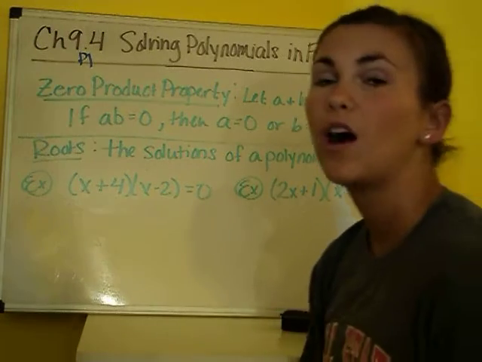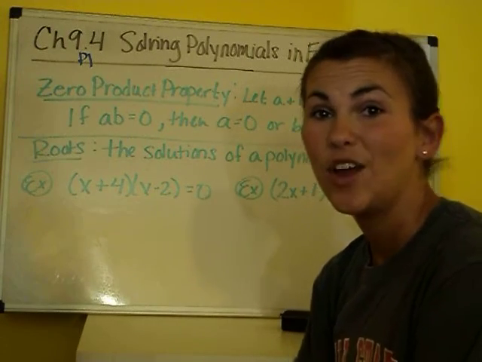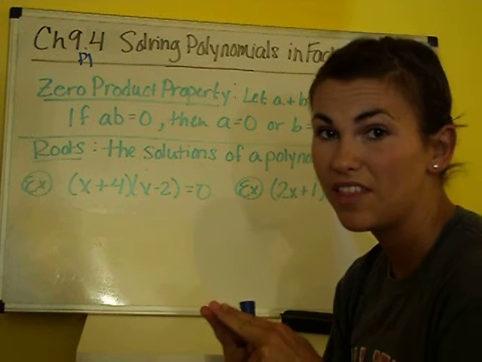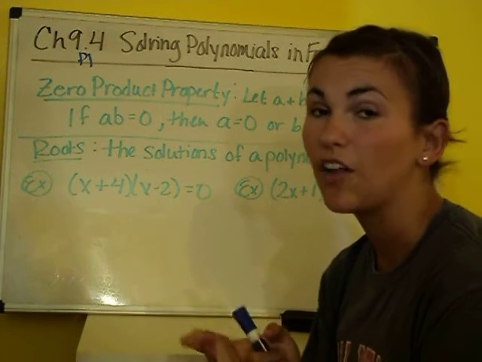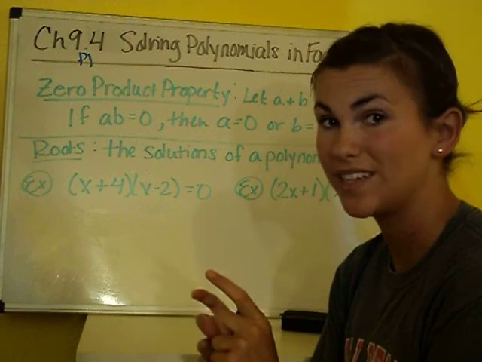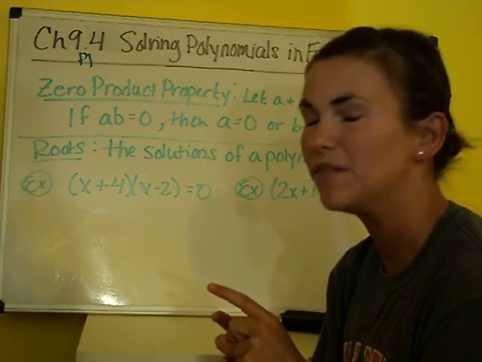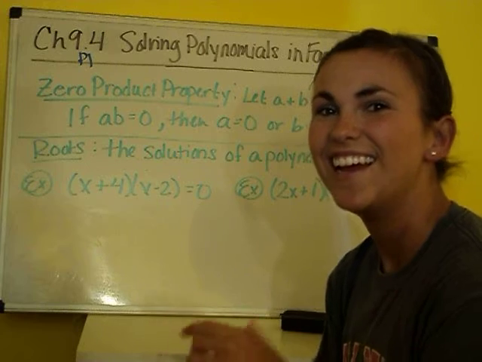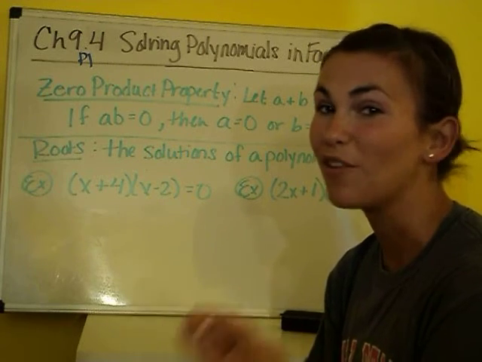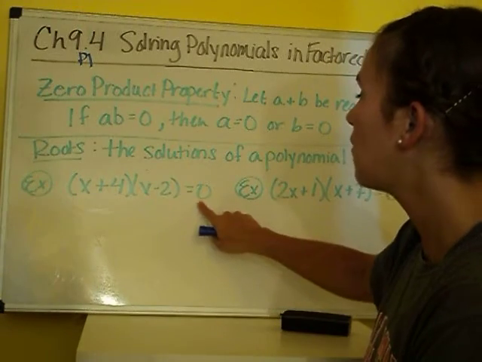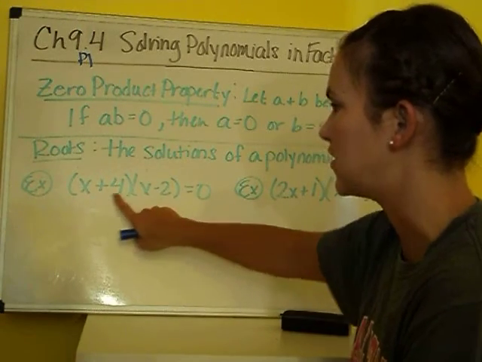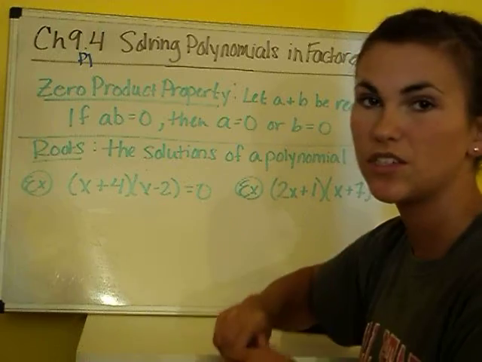If you recall what a factor actually is, when you have a product, you multiply things together. The answer when you multiply is called a product. The things that you're multiplying together are called factors. So here our product is 0, and we have these two factors, x plus 4 and x minus 2.